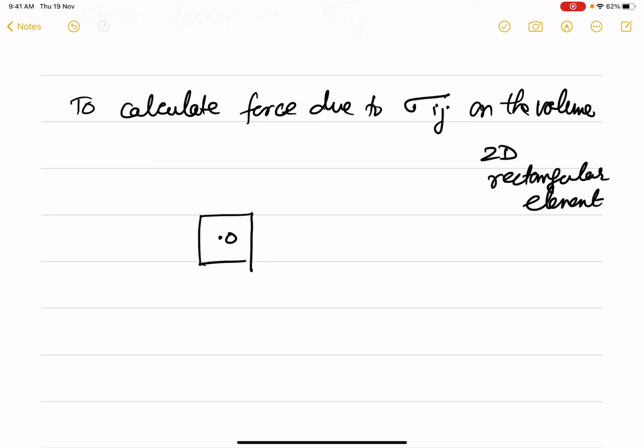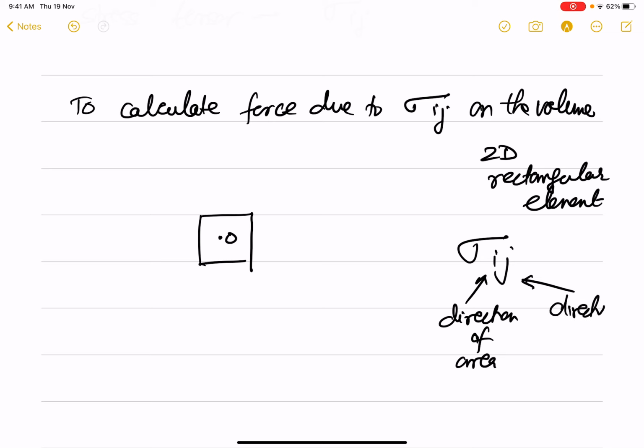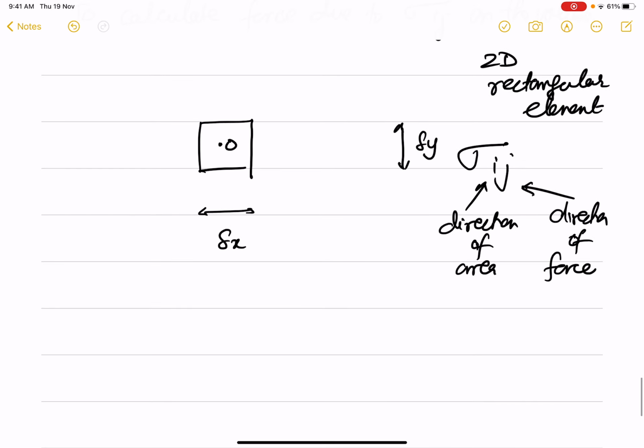Now, of course, if you recall in sigma ij, the first index is that of the direction of area, and the second index is that of the direction of force. So now we say this is delta x, this is delta y. Now let us try to find forces in the x direction due to the sigma ij tensor.